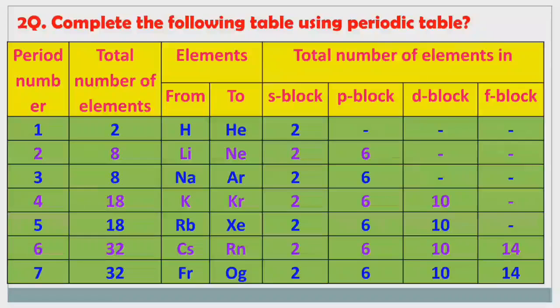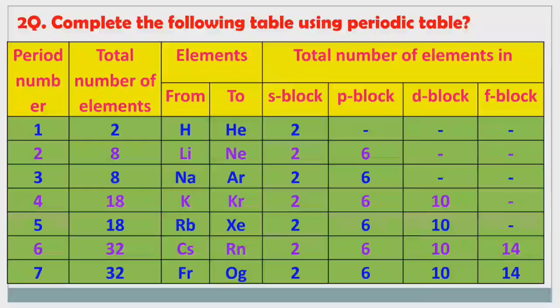Second period, total number of elements 8, from lithium to neon. Here 2 are s block elements and 6 are p block elements. Third period, total number of elements 8, sodium to argon. In that 2 are s block elements and 6 are p block elements. Fourth period contains 18 elements from potassium to krypton.